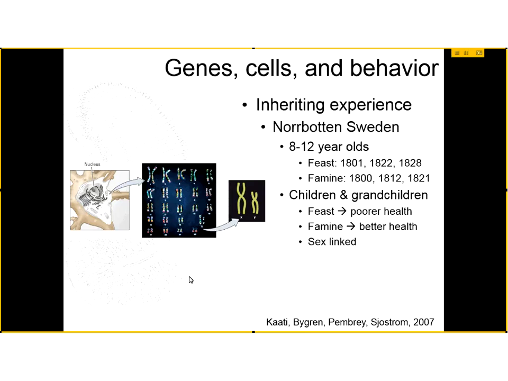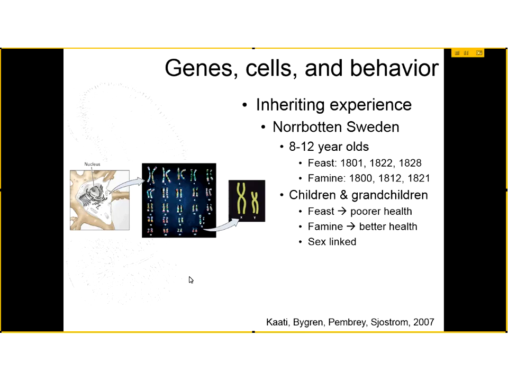So if the grandparents went through a feast, they tended to have poor health outcomes, whereas if they went through famine prior to the onset of puberty, their children and their grandchildren tended to have better health outcomes. What makes this interesting and really suggests epigenetics, that this behavioral experience could be translated, is that it's completely sex-linked.